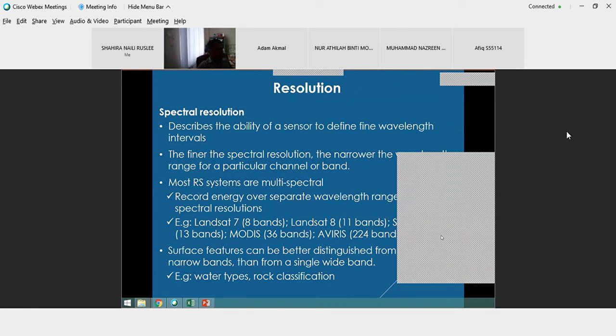Sebelum tu untuk you punya mini project, you dah boleh pilih you punya partner, satu group 2 orang. So you dah boleh fikir apa tajuk you nak buat.